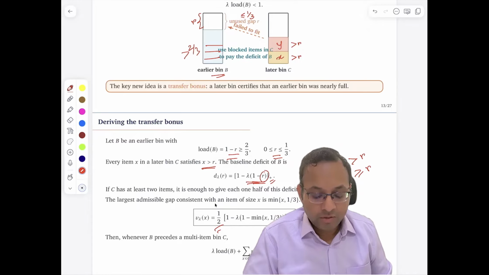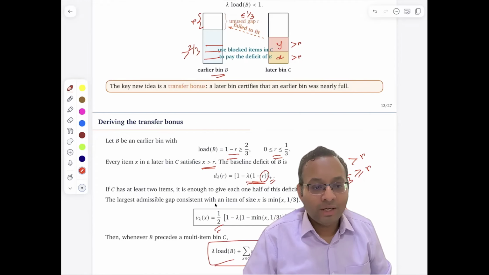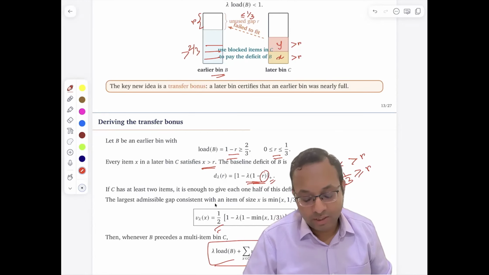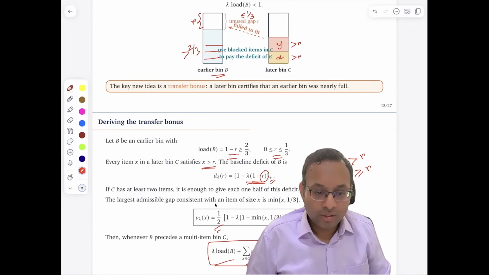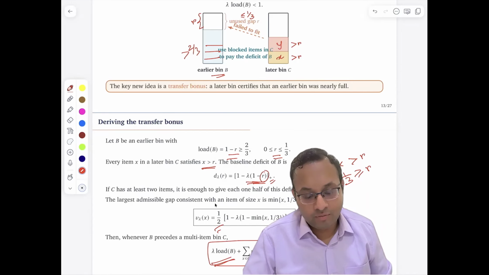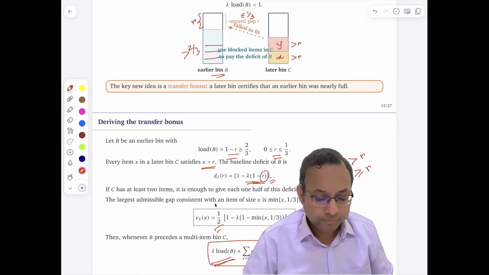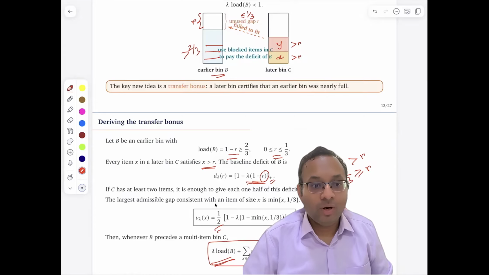If we do that, then we'll see this is true for any multi-item bin C. If we have these items X and Y, there are 2 items, we can use their bonus. V lambda is the bonus function, and lambda times the load of B is the regular weight coming from the load of B. That is at least 1, and we are done. So it will be true for any lambda. Now the question is what lambda to choose.